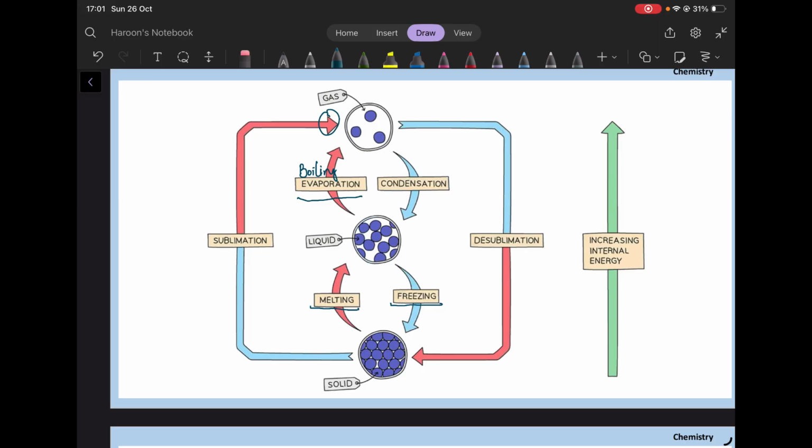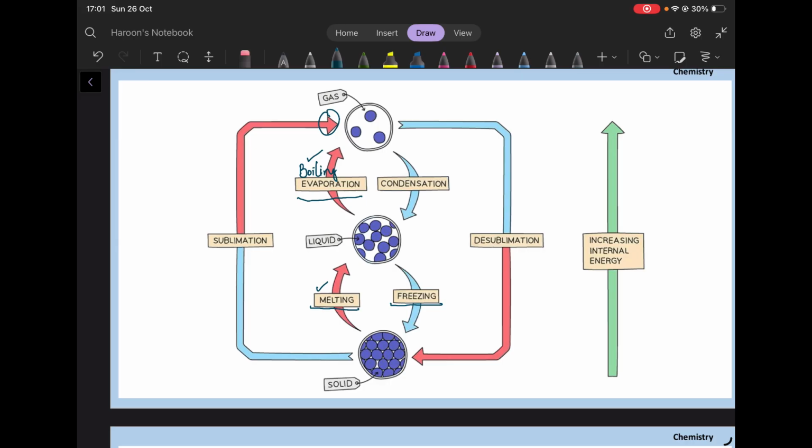Now, as far as energy is concerned, we have already discussed the particles are closest in a solid state and they have high forces of attraction. And the particles are furthest away in a gas, but they have the highest kinetic energy. So when we go from solid to a liquid state, for example, that is melting, or from a liquid to a gaseous state, we are actually going towards higher movement.